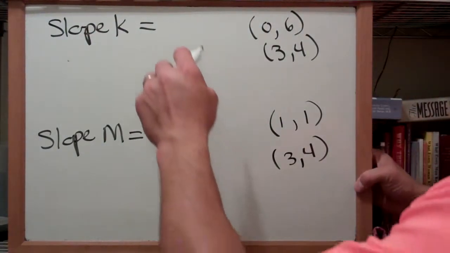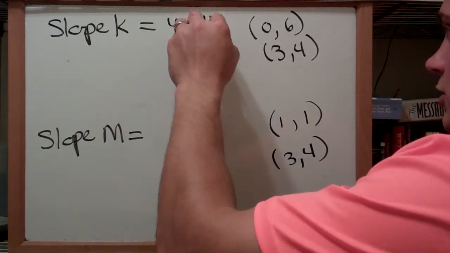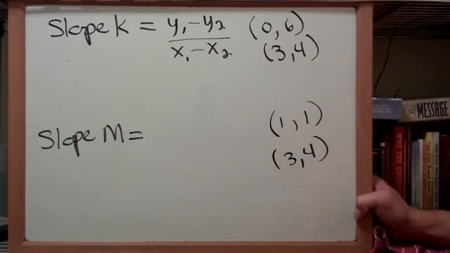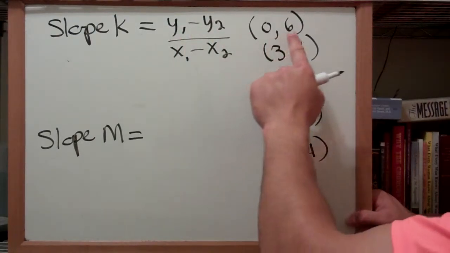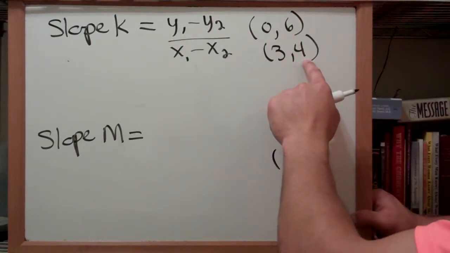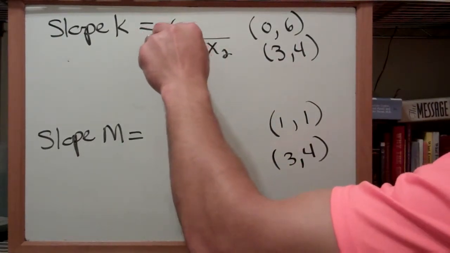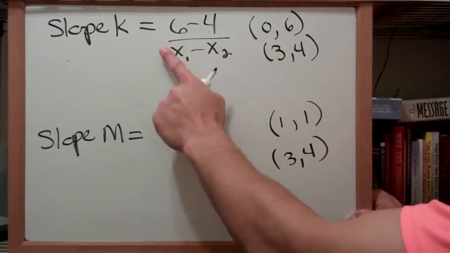So for line K, the slope formula is y1 minus y2 over x1 minus x2. In practical application, that means we say y1 minus y2, so 6 minus 4 on the top, and then on the bottom, 0 minus 3.